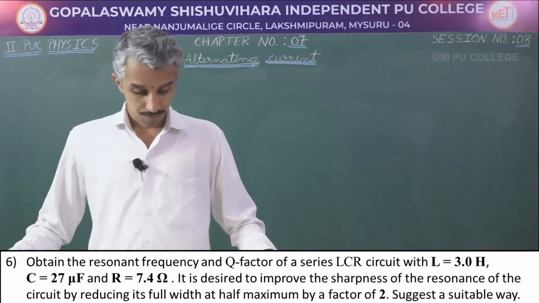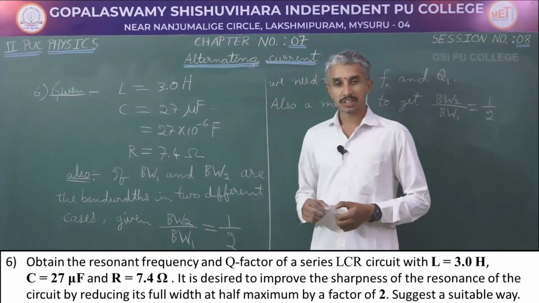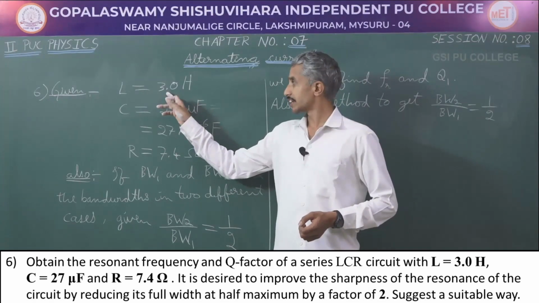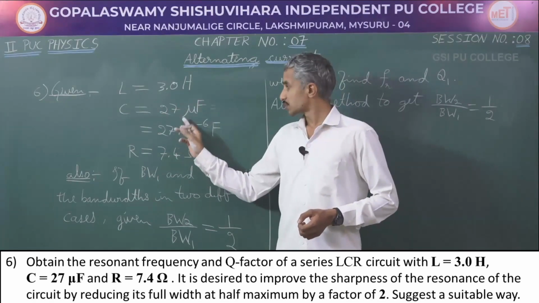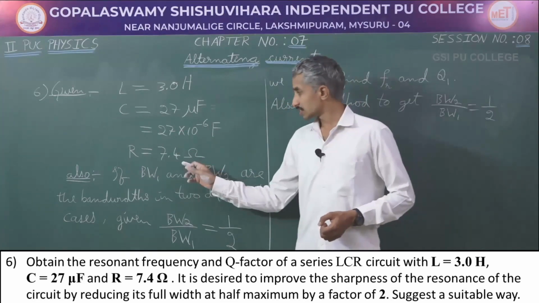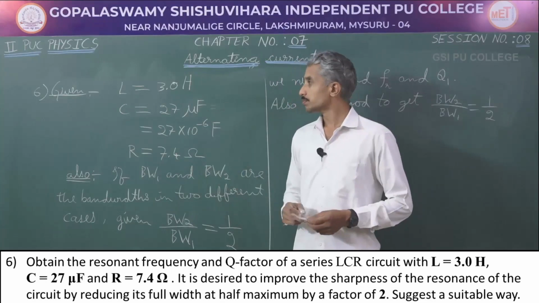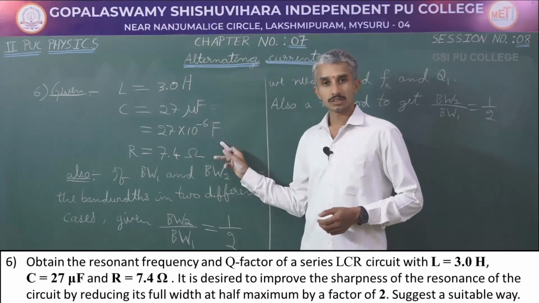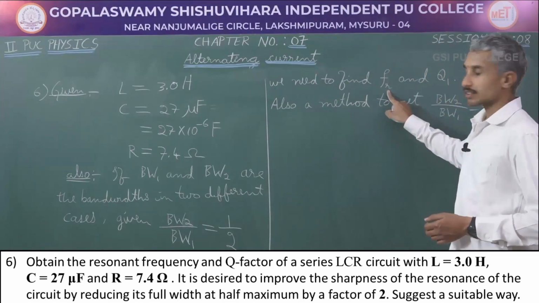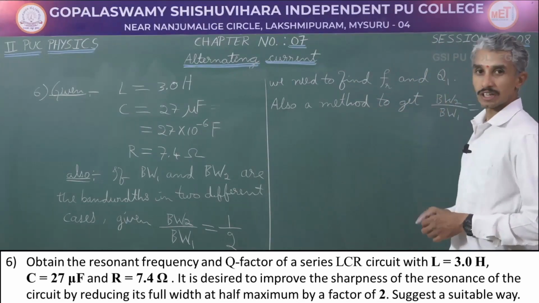So let us begin. The data given in this numerical is, we have a LCR circuit where inductance is 3 Henry, capacitance is 27 microfarad, micro is 10 to the power minus 6, resistance is 7.4 ohm. In this condition, we are supposed to find the resonant frequency and the quality factor.